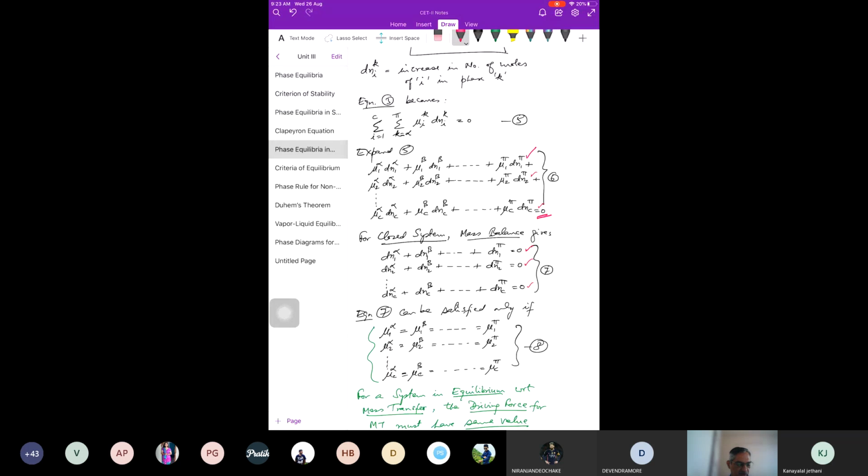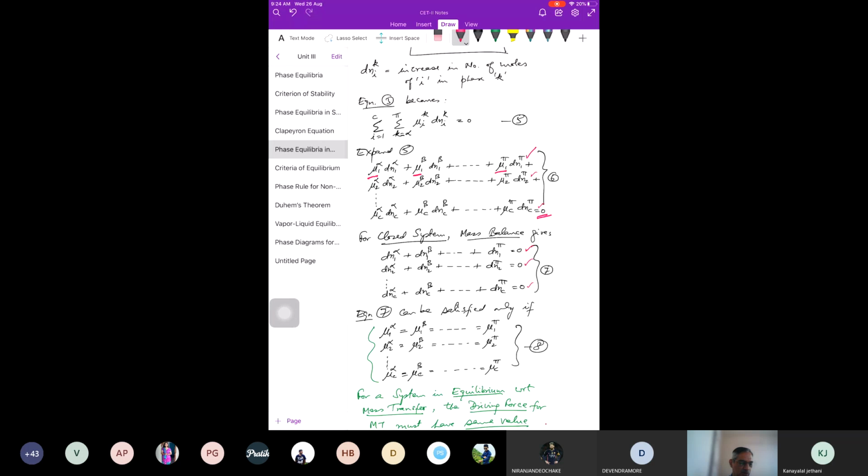Similarly, the change in number of moles of component 2 is 0, up to C. So equation 7 will be satisfied only if mu1 alpha is equal to mu1 beta is equal to mu1 pi. Only if they are equal, then this equation 7 will be satisfied.